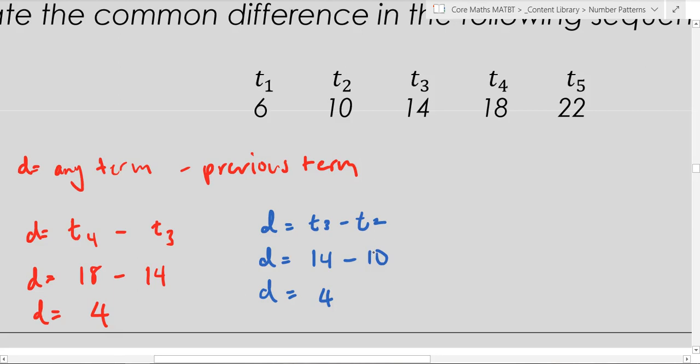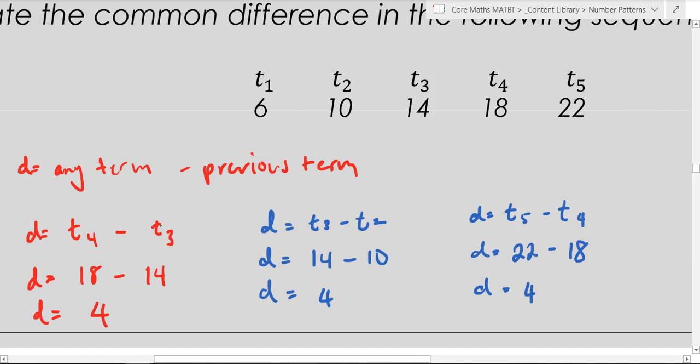It's getting more and more likely that this is definitely an arithmetic sequence with the same common difference. Let's try one more. Let's go term 5, take away term 4. So in this case, it would be 22 minus 18. So the common difference should be 4. So it looks like in this case, the common difference is definitely 4.